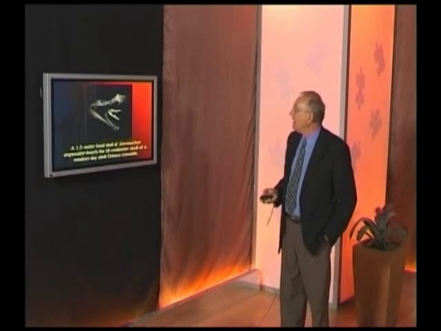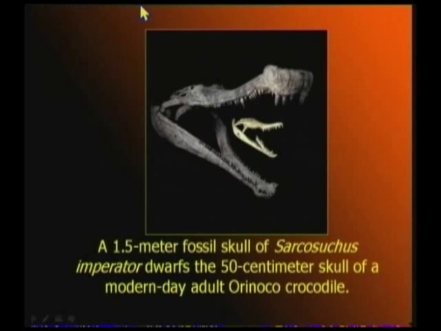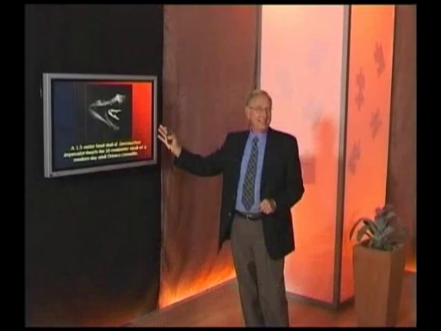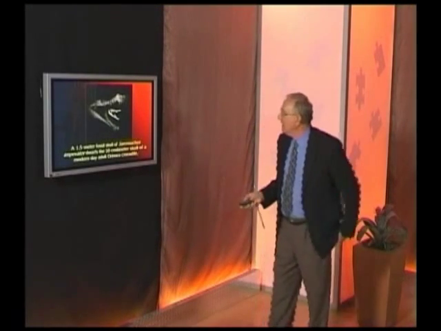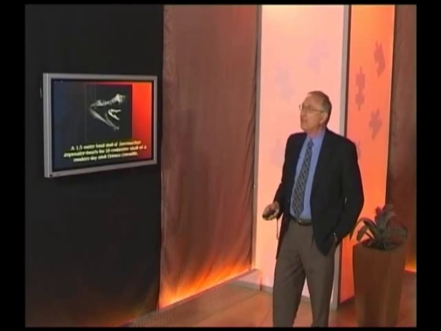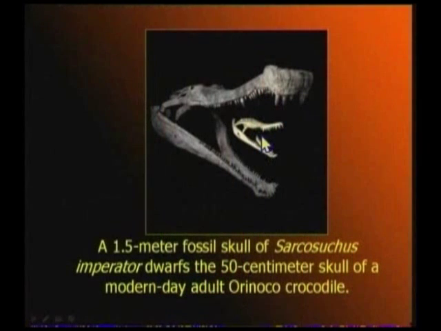Here is a 1.5 meter fossil skull of an ancient crocodile type. Of course, another species because it occurs in the fossil record, but anatomically identical to what lives today. Here you have in its mouth a fully grown present-day crocodile, giving you an idea of the size of these creatures.